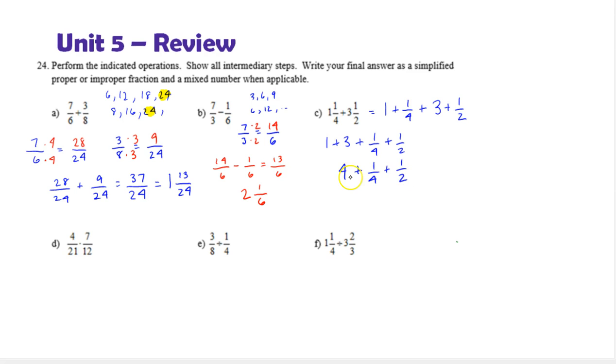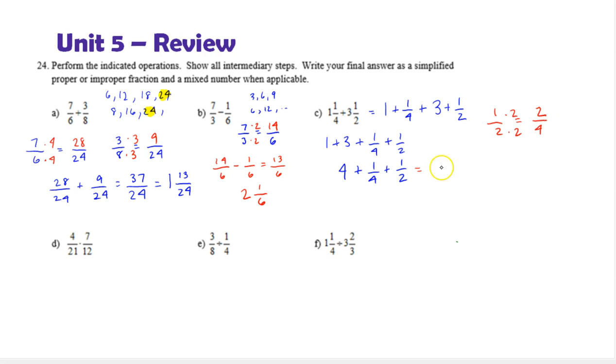Now I just need to add these fractional parts. They don't have the same denominator, but notice their least common denominator is 4. So I'm going to write 1/2 as a number over 4. I'd multiply the numerator and denominator by 2.